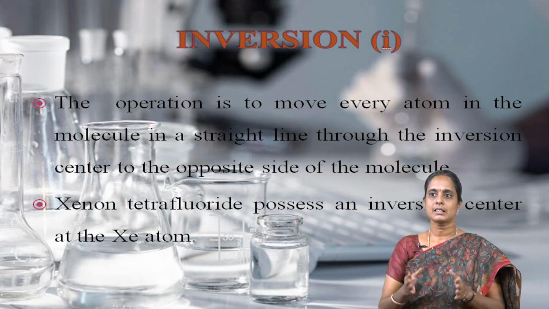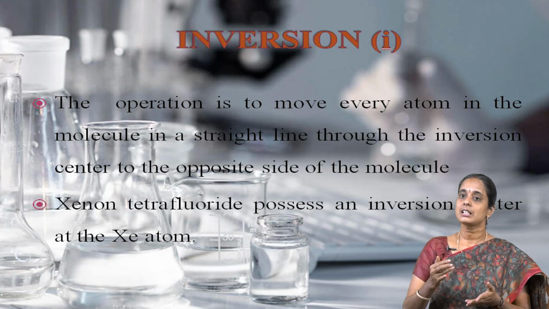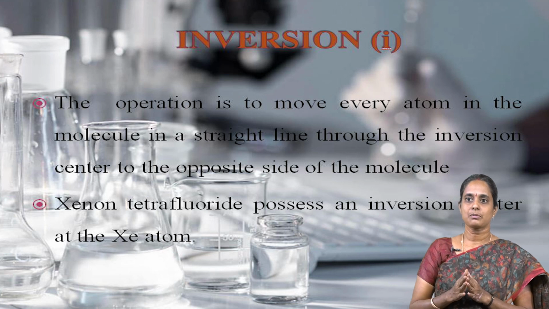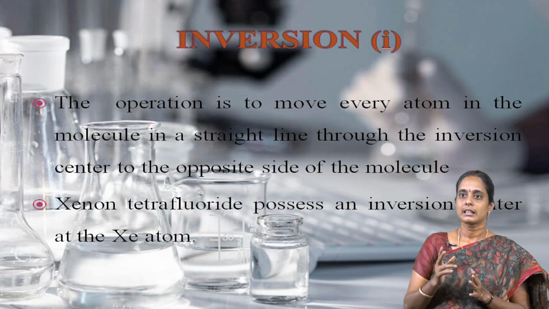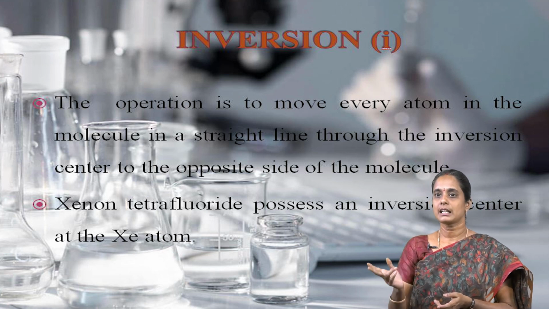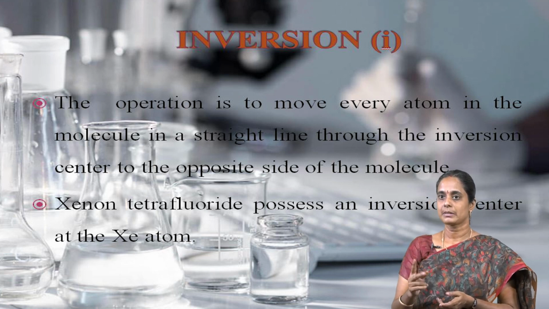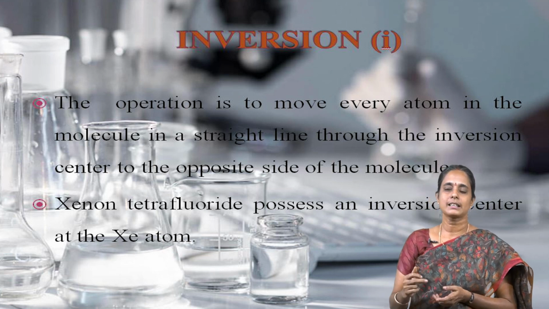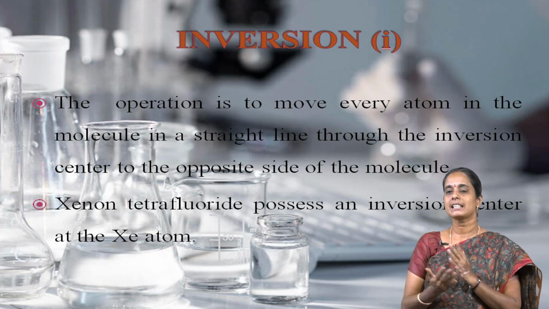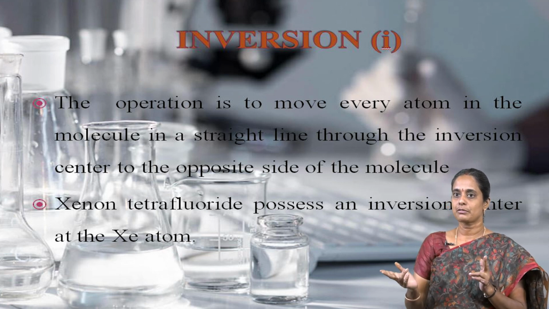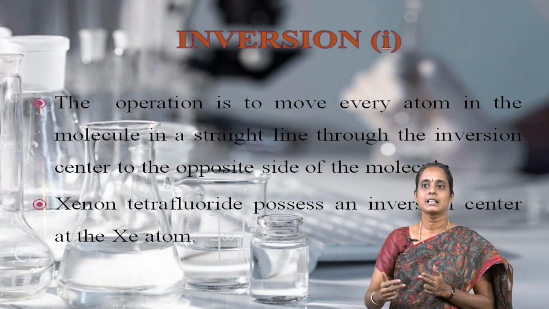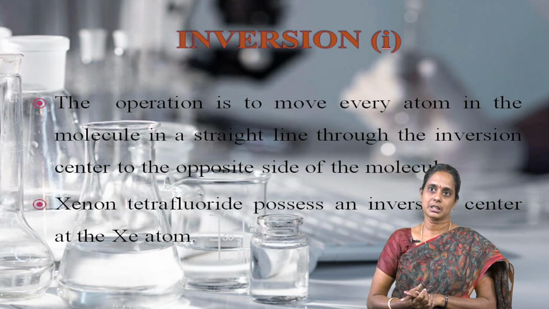Therefore, xenon tetrafluoride possesses an inversion center at the xenon atom. In this xenon tetrafluoride, with F1, F2, F3, F4, F1 and F2 are on opposite sides, and F3 and F4 are on opposite sides. In the inversion, the geometry is unchanged, but the positions of F1 and F2 are exchanged, and F3 and F4 are exchanged.